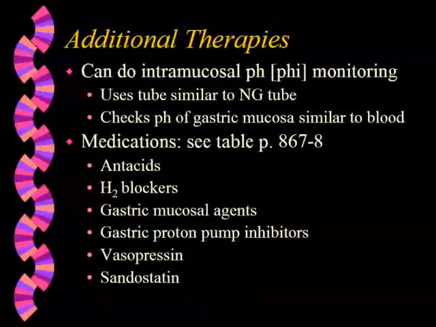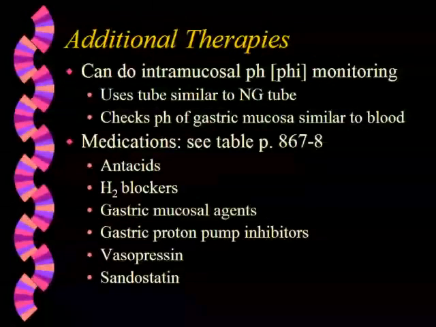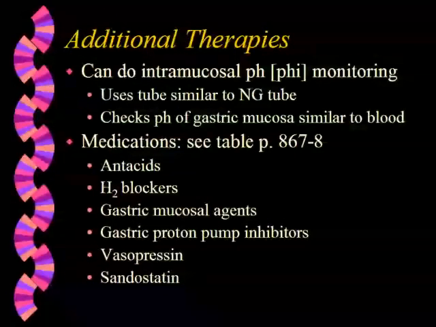Additional therapies that you might use: you can do intramucosal pH or PHI monitoring. This uses a tube similar to an NG tube and checks the pH of the gastric mucosa, which is similar to that of blood. It will decrease due to anaerobic metabolism and decreased blood supply to the gut.